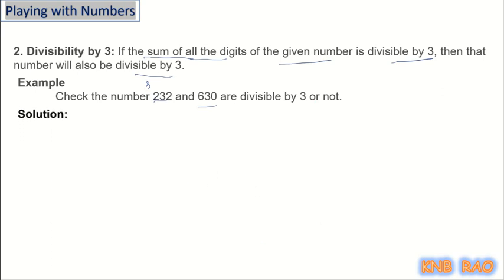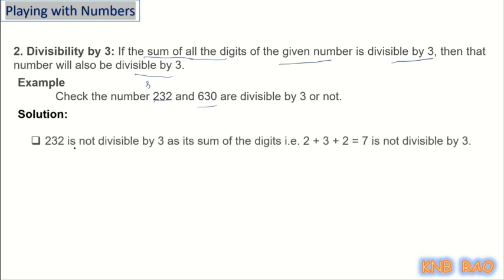First one, 232 is not divisible by 3 as its sum of digits, that is 2 plus 3 plus 2, gives 7, which is not divisible by 3. Thus 232 is also not divisible by 3.